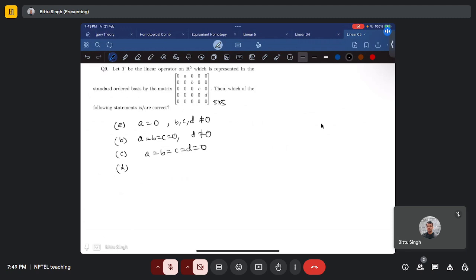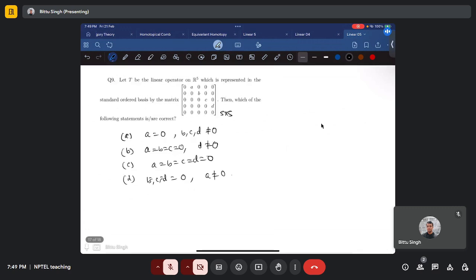And the last option was B, C, D are 0 and A is non-zero. So let us check what is the possibility. This question says T is an operator represented by the standard basis.